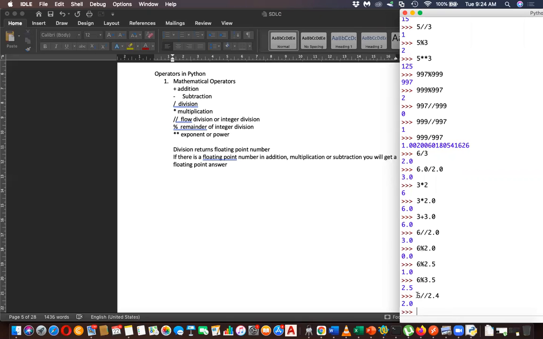Integer division also gives a floating point number, but with 0. For example, 6 floor divided by 2.1 is still 2.0, and by 2.9 is still 2.0. It will give the integer answer. When you divide by 2.0, what's the answer? Then only it's 3.